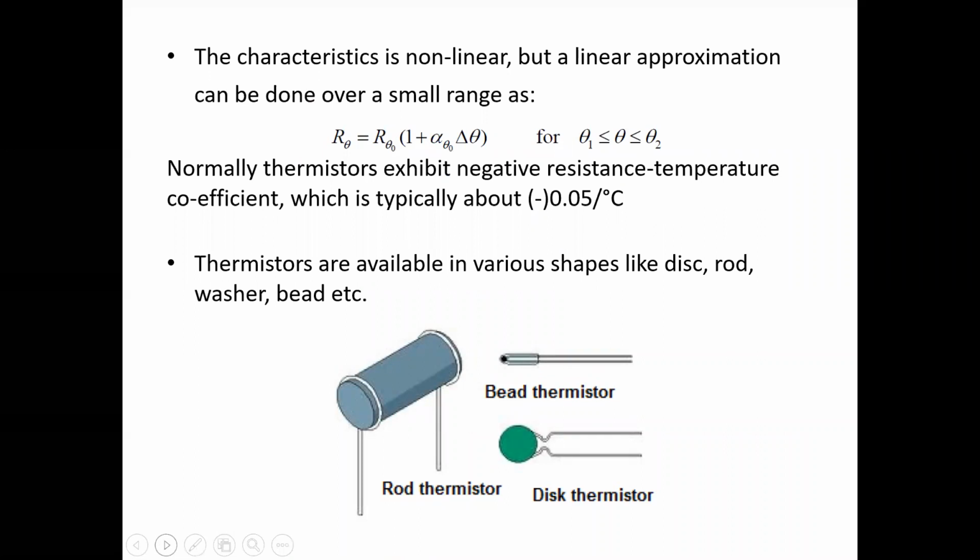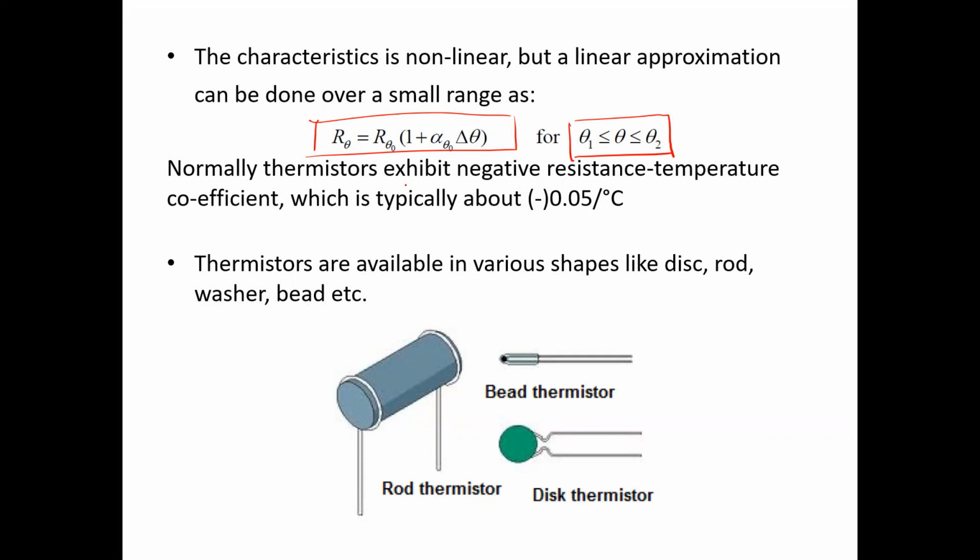Now, for simplicity of the calculations, for the case of thermistor as well, for a small range where the nonlinear graph can be considered to be linear, similar to what we did for RTDs, a linear approximation can be made for that small range of linear operation from theta 1 to theta 2.